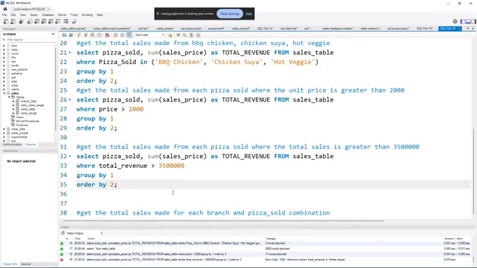So why? For our group by function, this aggregate function, this sum of sales price that we did, if it is the condition that we need in our question, that total revenue that I got from this particular one here is the condition that we have.